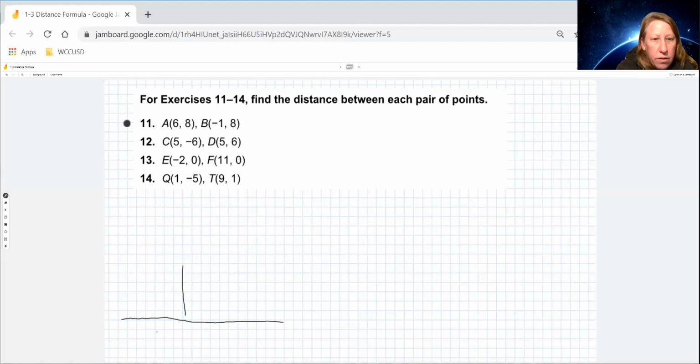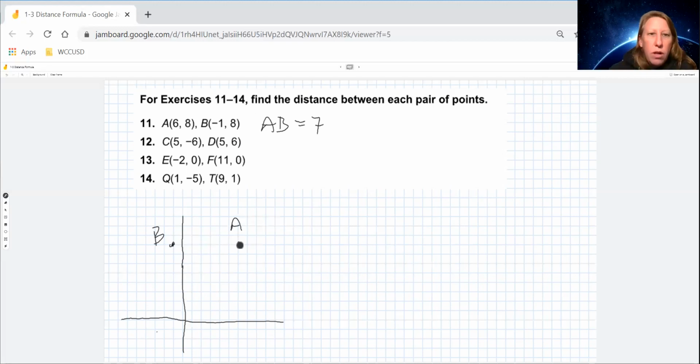We have a point at (6, 8), which I'll call point A. And we have another point at (-1, 8). If I want to know the distance between them, it would be a little bit silly to do the distance formula on this one. What's a lot easier is to say, hey, wait, they're in a straight line. This is a flat slope. So I can just count 1, 2, 3, 4, 5, 6, 7. The answer to this problem is that AB equals 7.